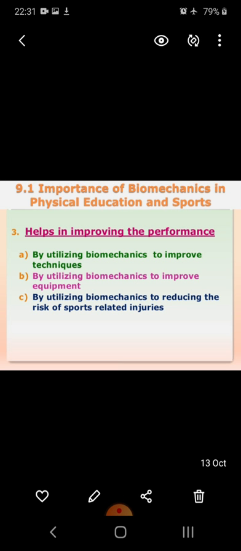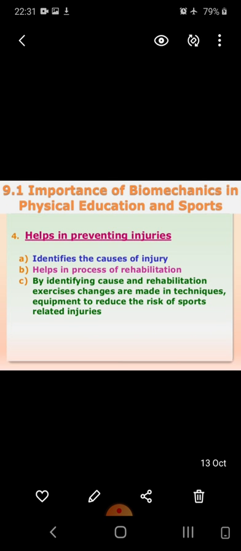Along with this, biomechanics is also used to develop techniques that reduce the chances of injuries as well as make changes in the equipment design to reduce injuries. In this way, an athlete usually remains uninjured and hence performs better. So, it can be said that biomechanics helps in improving sports performance.